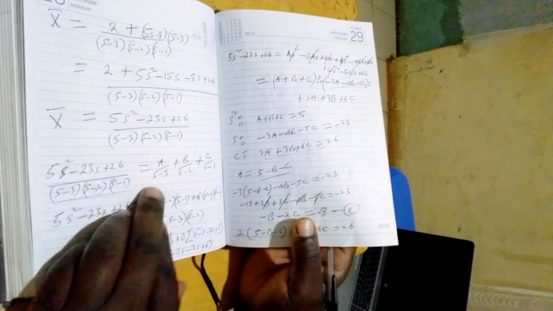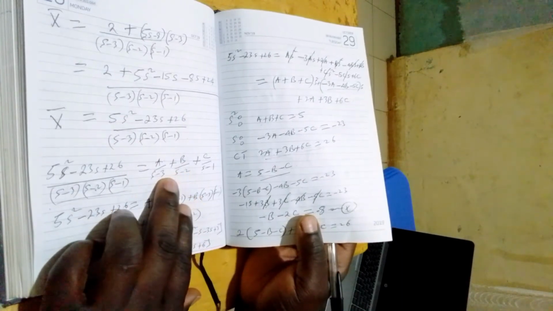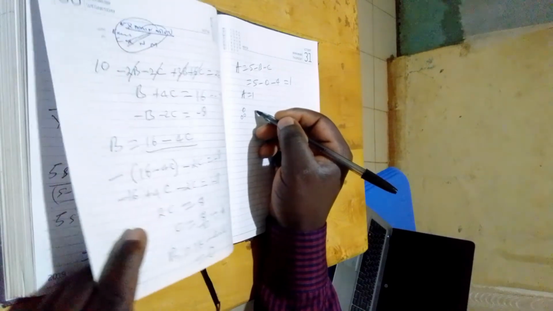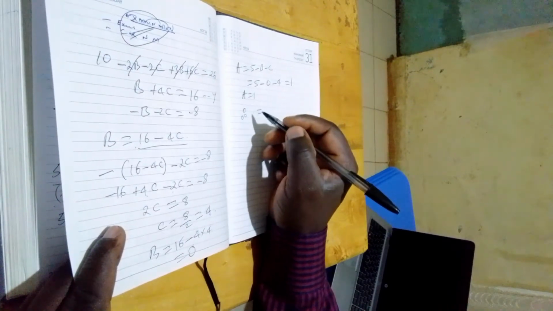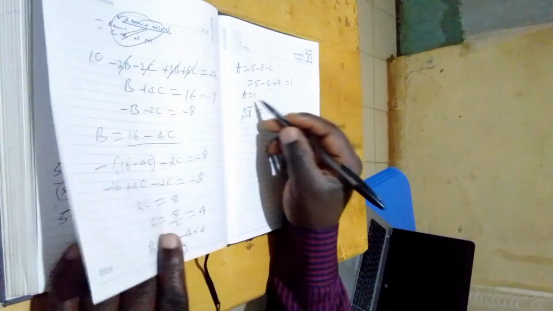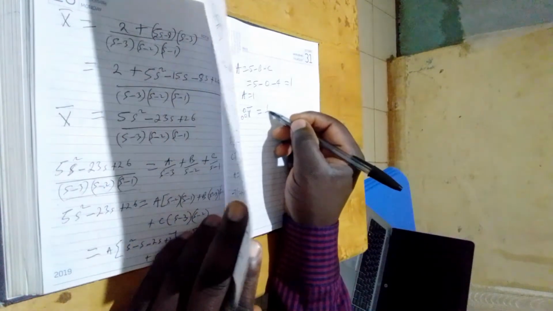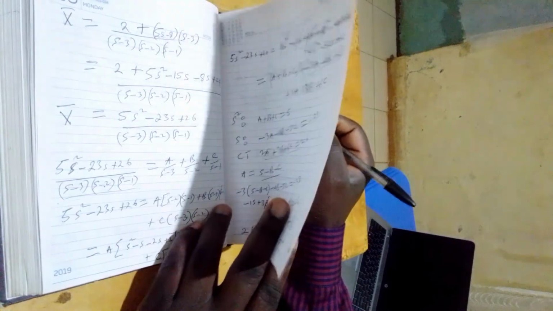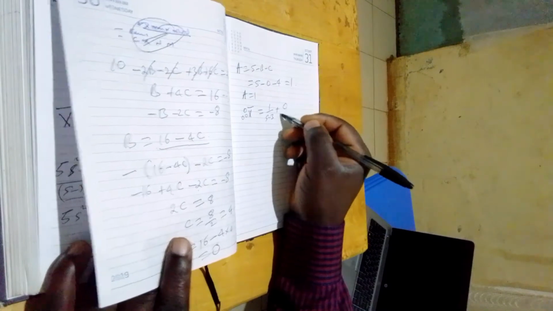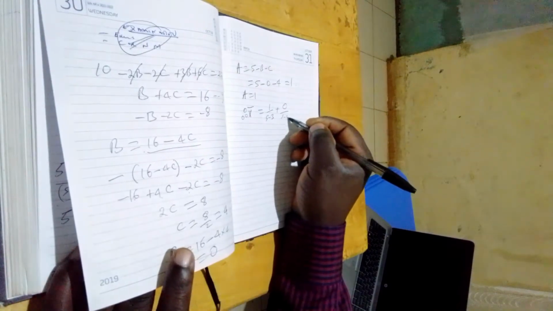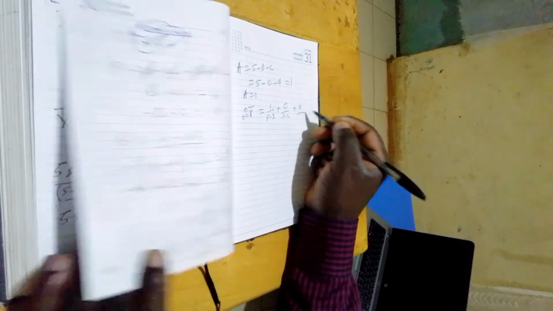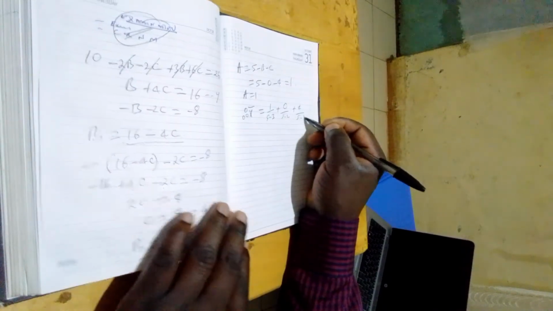Therefore, the partial fraction will be equal to, now this will be our x bar, now A is 1, so it will be 1 over s minus 3, so plus B is 0 over s minus 2, then plus C is 4 over s minus 1.